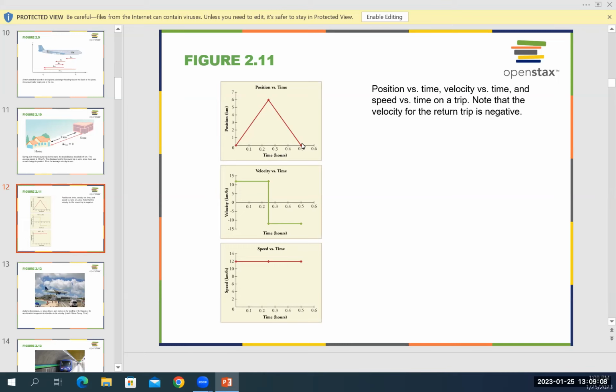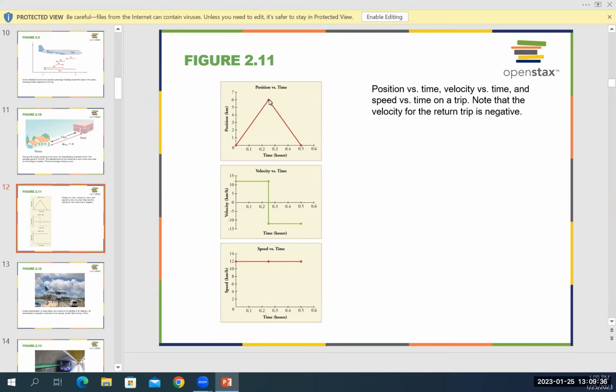So it's important to understand what this represents. This is a position versus time graph, so our position is changing. Notice that as time moves to the right, that's our positive direction. We started at 0, we're just adding time. As we add time, the spherical cow moves further and further away from the origin, as indicated by the position going positive.